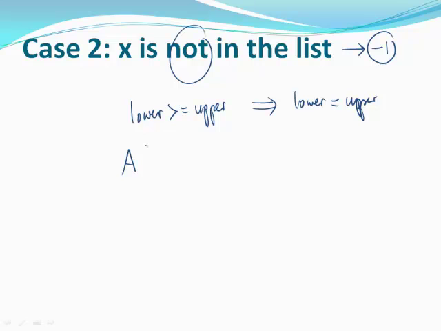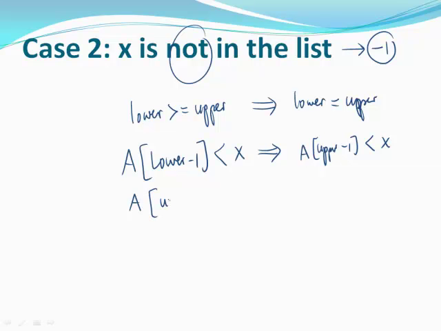Now since we do know that a of lower -1 is less than x is a loop invariant, and since lower is upper, this implies that a of upper -1 is less than x. Since we also know that a of upper is greater than x is a loop invariant, we also have this: a of upper is greater than x.